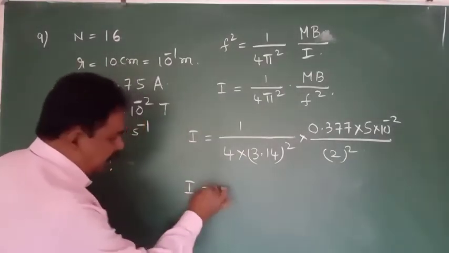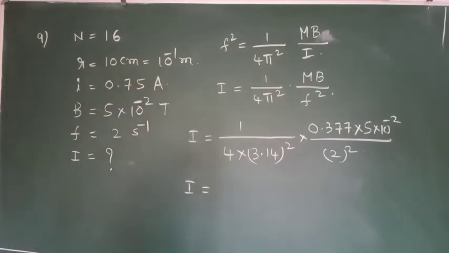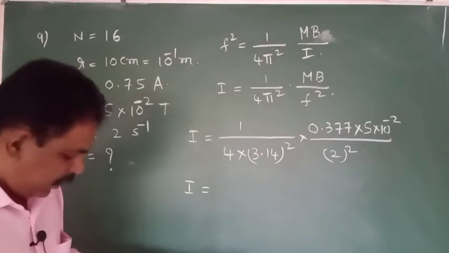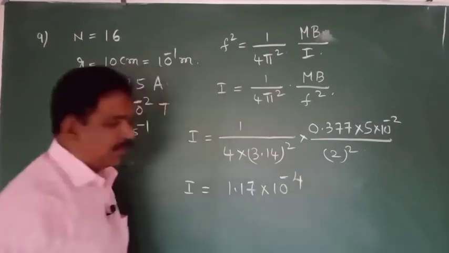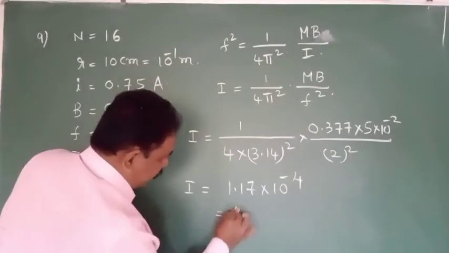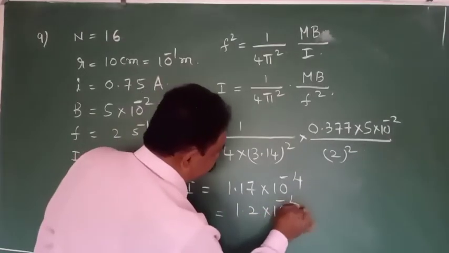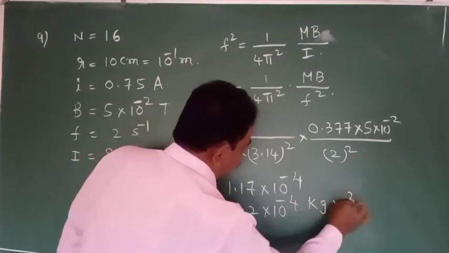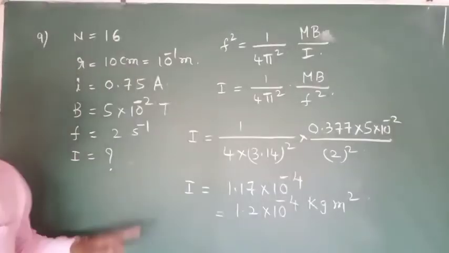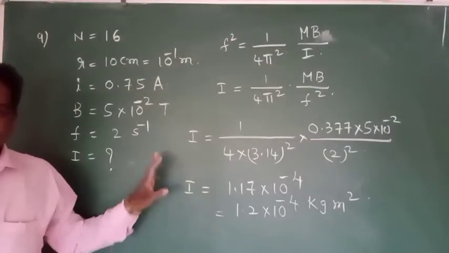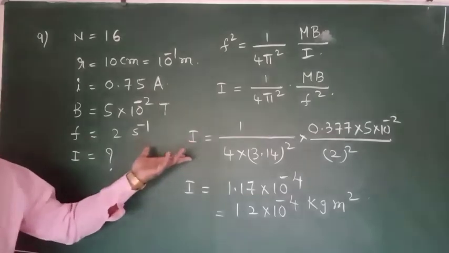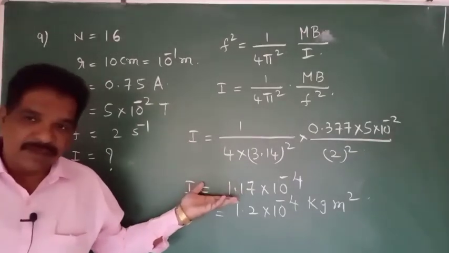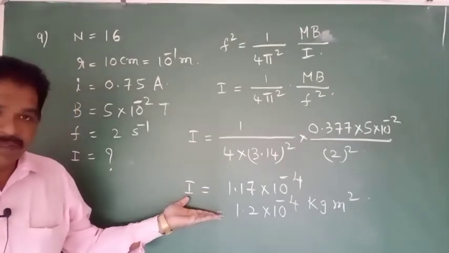So if we calculate this value, finally we are getting I is equal to 1.17 into 10 power minus 4. We'll write this value as 1.2 into 10 power minus 4 kg meter square. That is the moment of inertia of that coil. It is behaving as a magnet. Its moment of inertia will be that one.